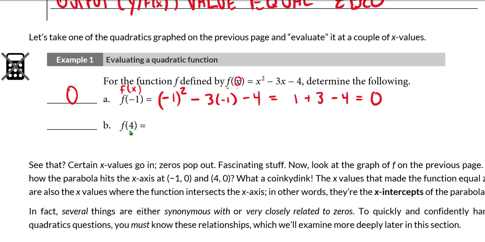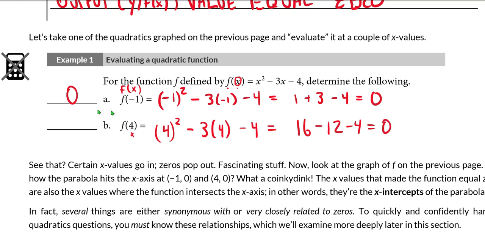Now if I evaluate the same function at an x value of 4, even though there's not a negative here, I'm still going to be very careful. I'm going to put that 4 in parentheses so I don't make any careless mistakes. And what do I get here? I get 16 minus 12 minus 4, which also equals 0.